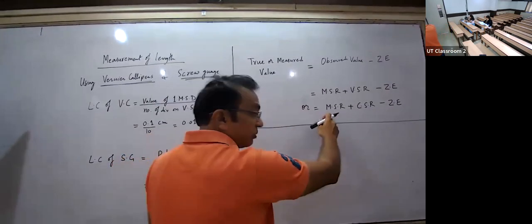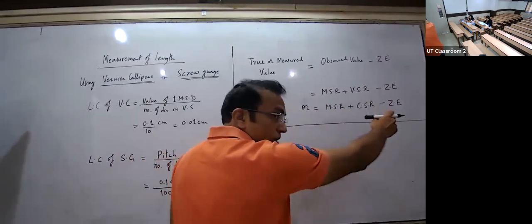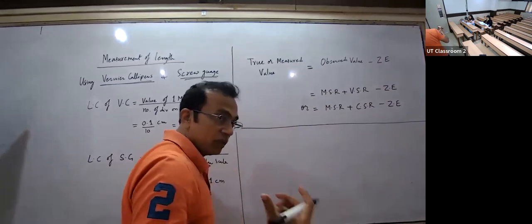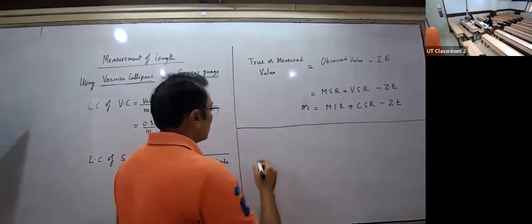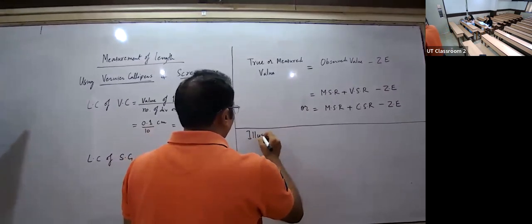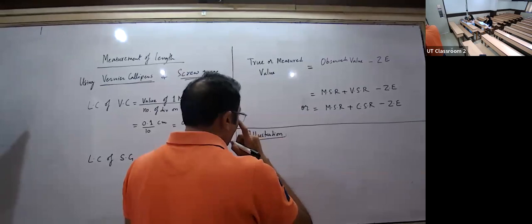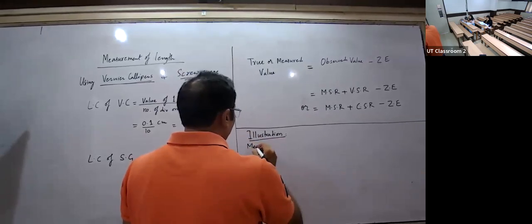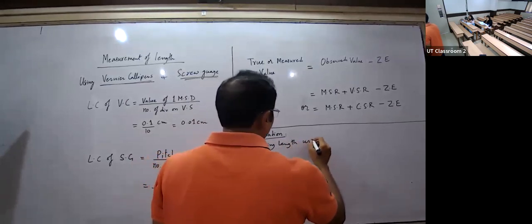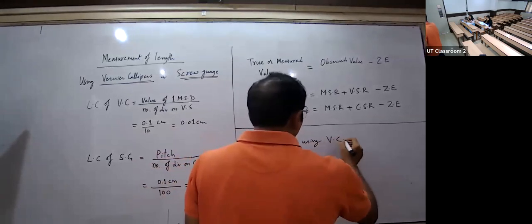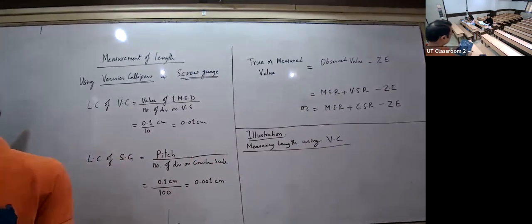Did I tell you how to calculate the main scale reading? How to measure? Did I tell you all this with the help of the book example? No, so we are to do this, right? So, illustration. In your textbook, I think you have an example.